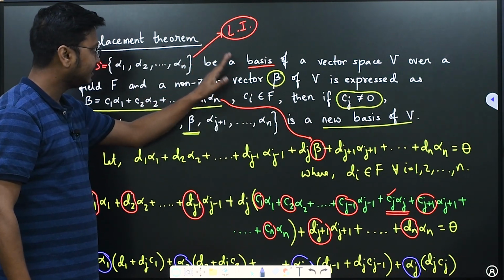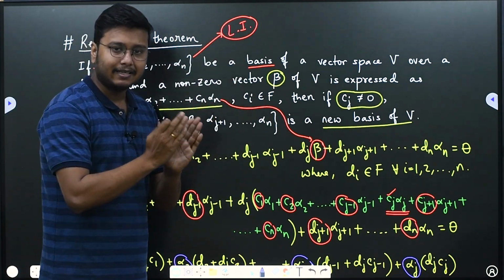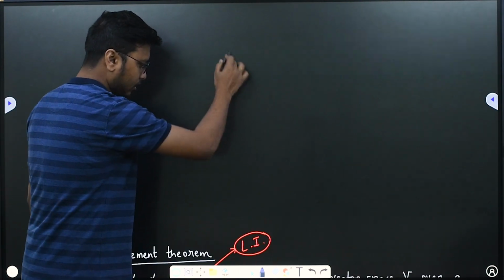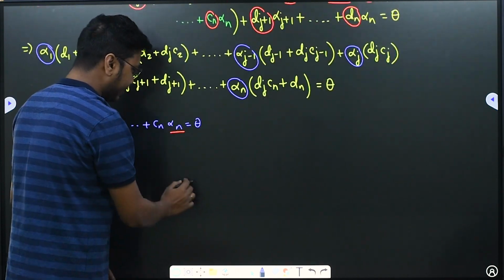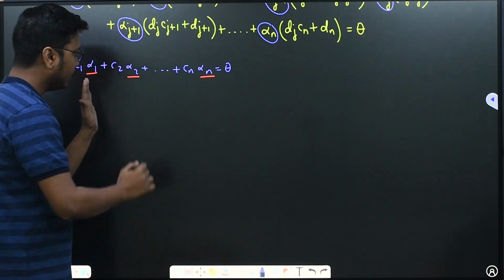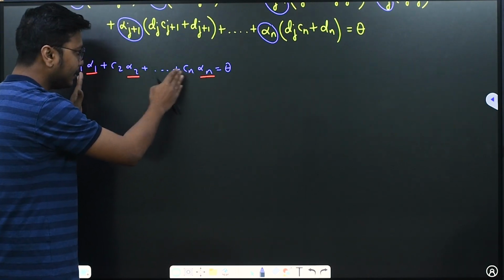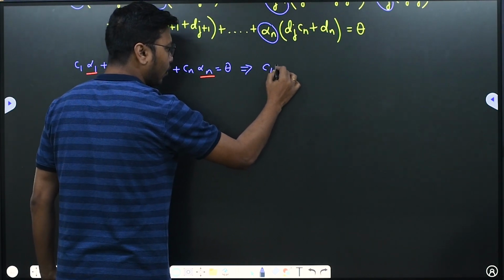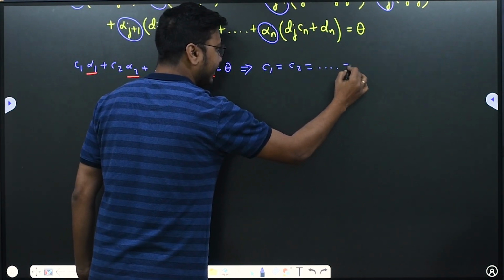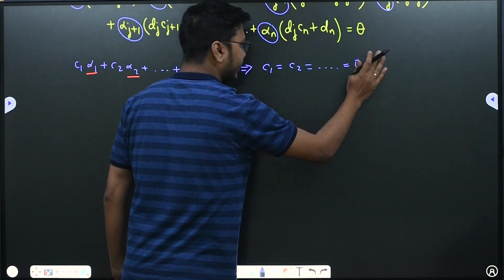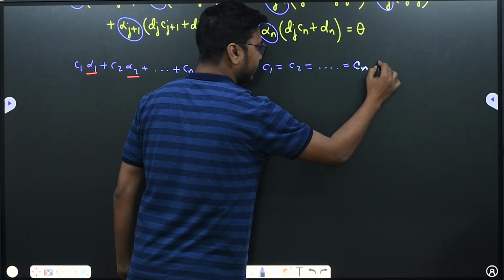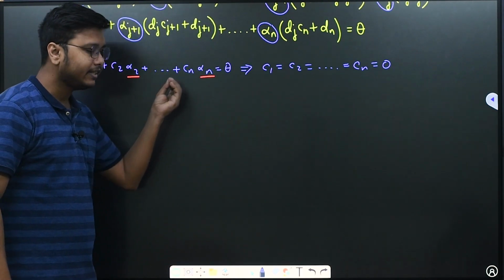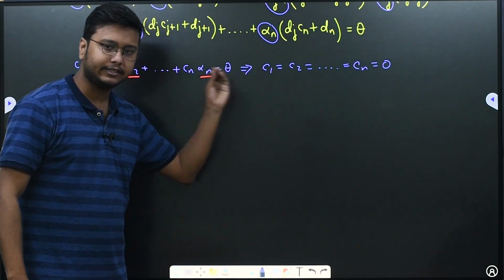So if S is a basis and it is linearly independent, that means if I take a linear combination of all the elements of a basis equals theta, then from this expression what we get is all the constants should be identically equal to 0, up till Cn equals 0. So this is the condition we get from a linearly independent set of vectors.